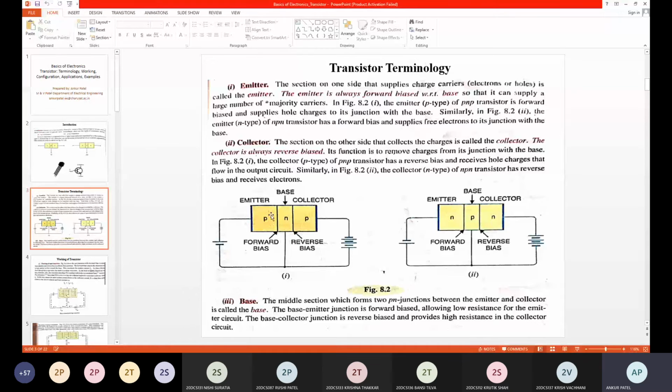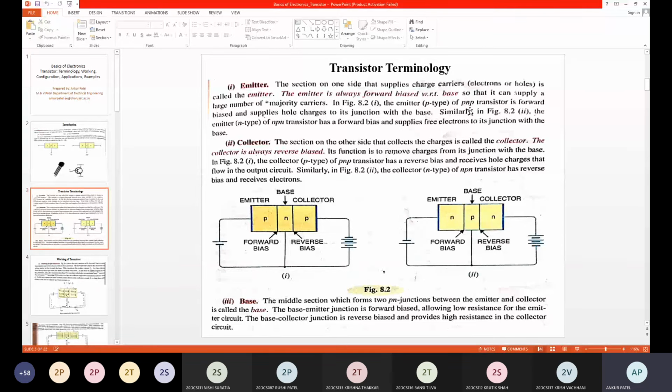In PNP, the emitter is P, so the majority carriers are holes compared to electrons. When we have NPN, the emitter is negative, so the majority carriers are electrons and the minority carriers are holes.